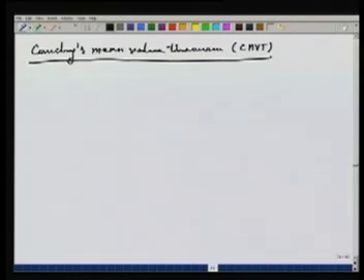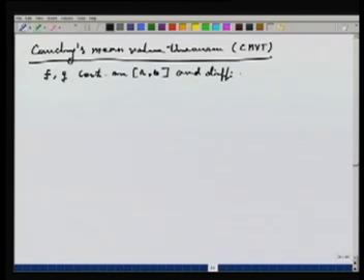It says the following: suppose I have a function f and a function g which are continuous on the closed interval AB and differentiable on the open interval AB.